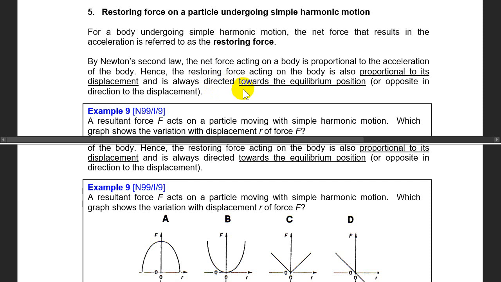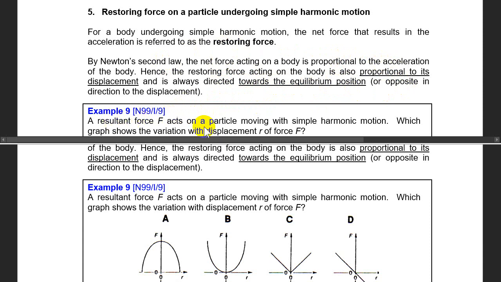If the acceleration or net force is directed towards the equilibrium point, it also means that the acceleration or the net force will always be opposite in sign, opposite in direction to the displacement. So that's what it means here. That means, in summary, for simple harmonic motion, the restoring force or the net force must be proportional to x, but at the same time must be negative of something times x.